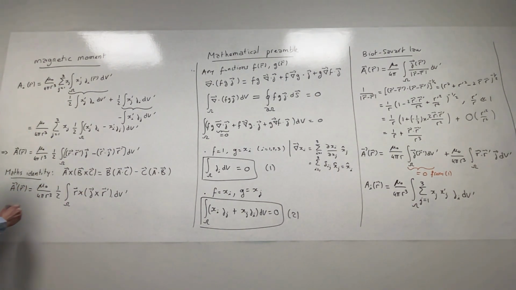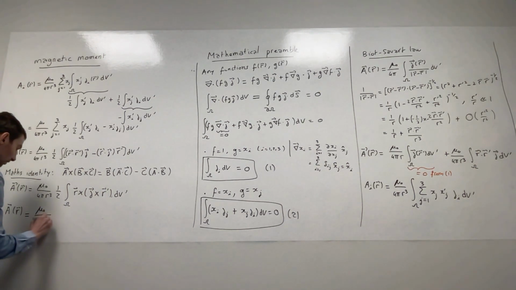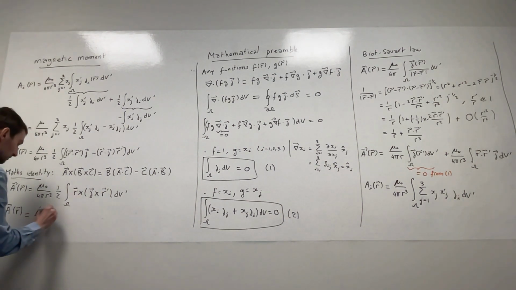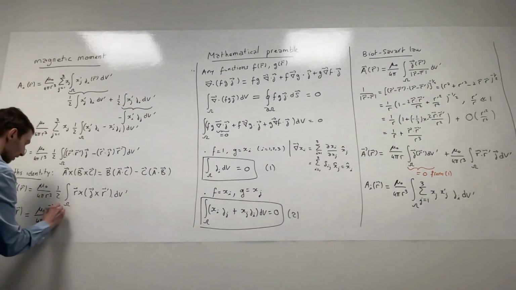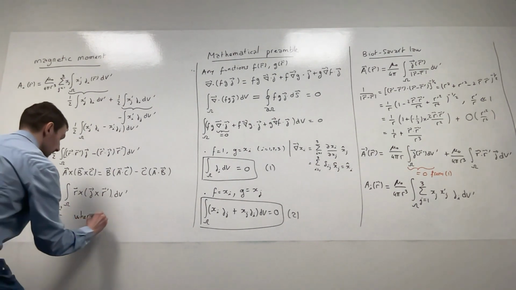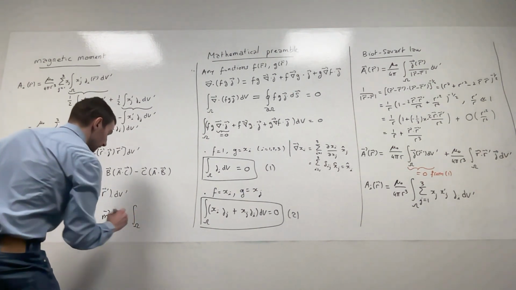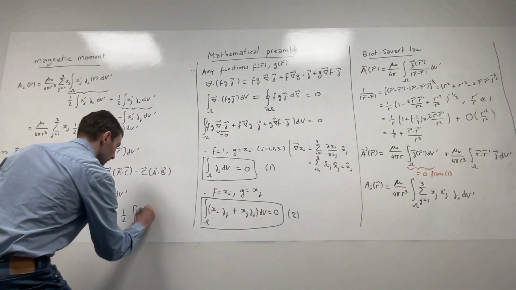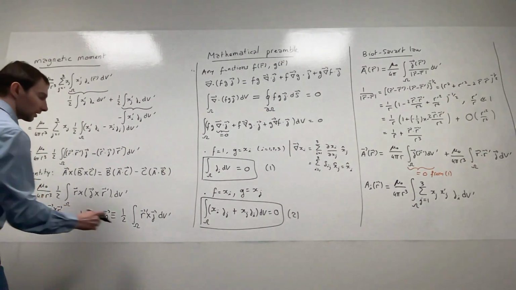So all in all, what we are going to get is that A of r is equal to mu naught over 4 pi r cubed, times M cross r, where I've defined M as being equal, so that's the definition, to half the integral over omega of r prime cross J, dv prime.